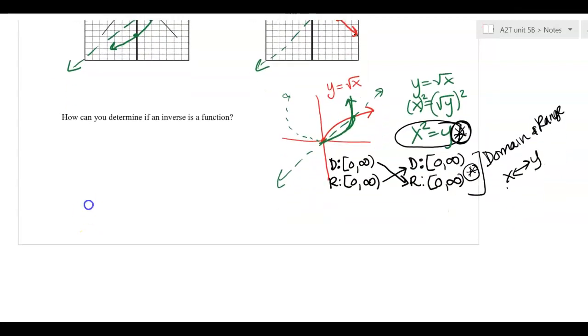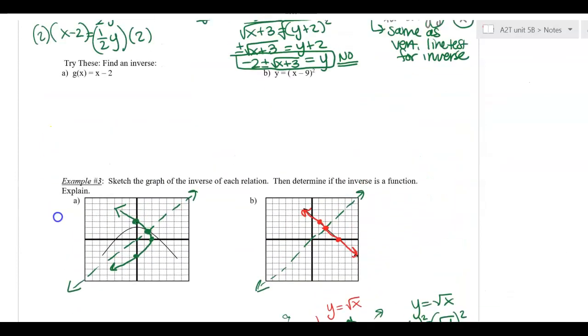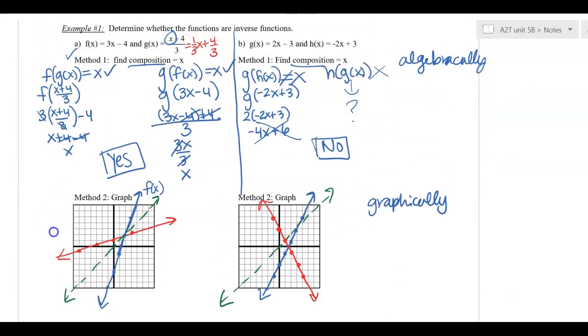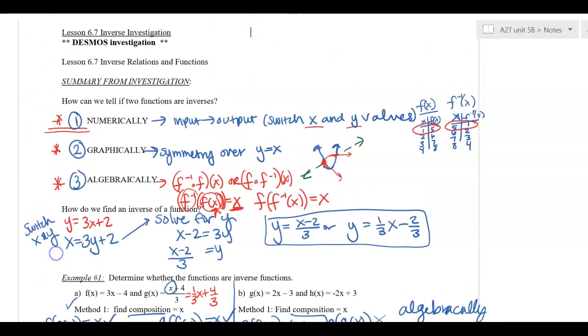Okay? So the main goal here for you guys, I'm going to go back to the beginning, is that you understand that inverses actually have all these things in common, okay? So main skills, like can you identify them with numbers? Okay, do you see those inputs becoming outputs, outputs becoming inputs? Can you identify them graphically with that symmetry over y = x?